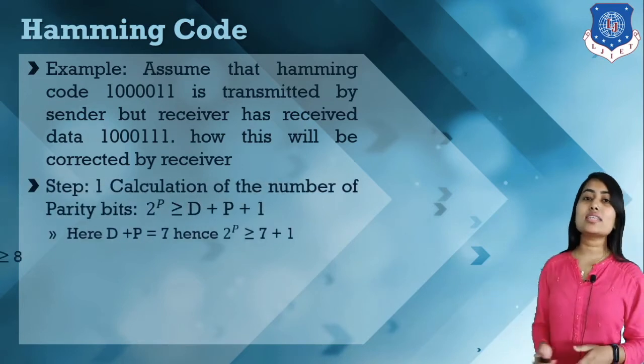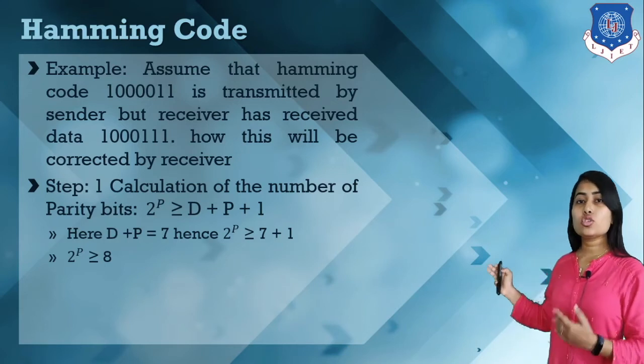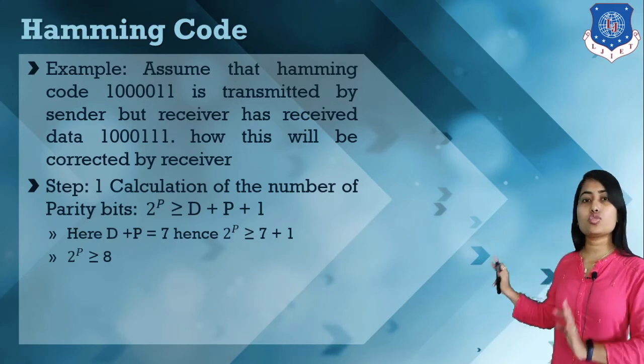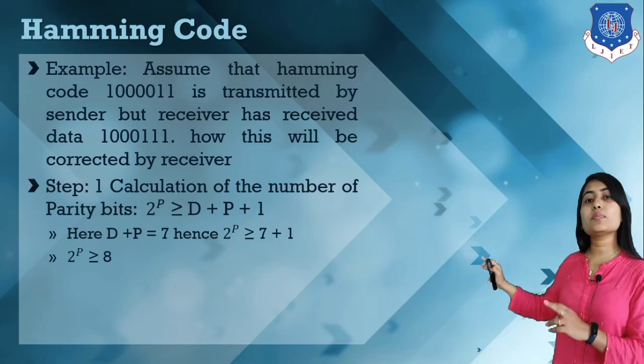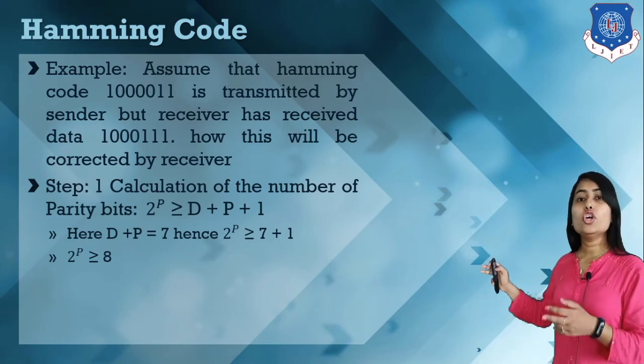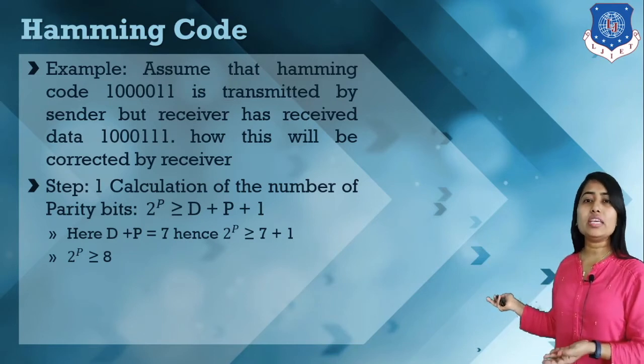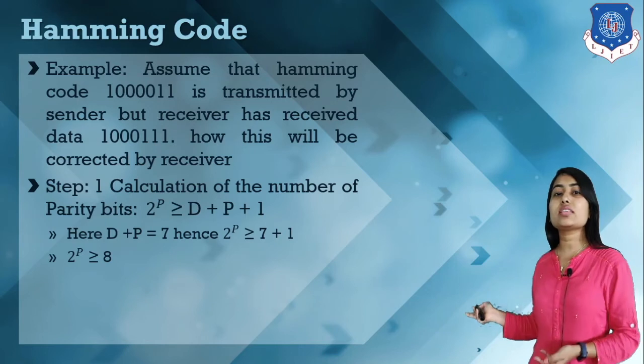First, identify the number of parity bits. Here d plus p is equal to 7, so 7 plus 1 is 8. We have the inequality 2 raised to p greater than or equal to 8. Which value of p satisfies this inequality? Calculating by trial and error, p is equal to 3, since 2 raised to p is equal to 8.